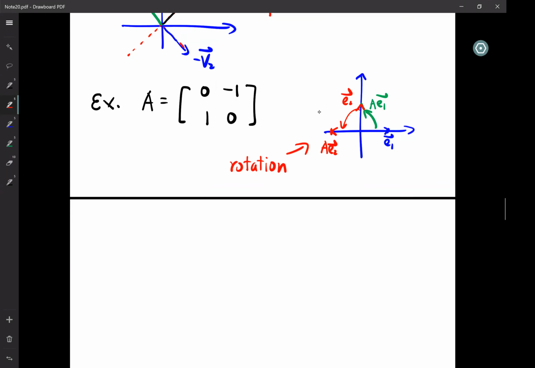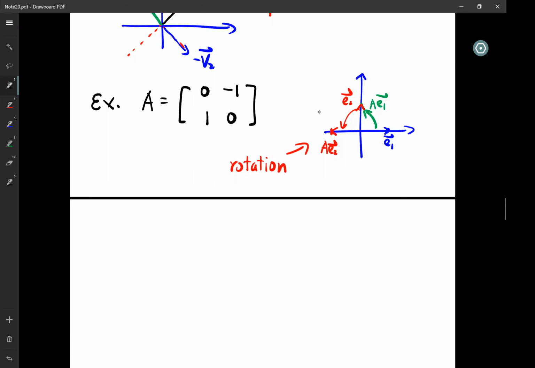But if I rotate every vector by 90 degrees, then it's impossible to find a vector that, after applying A, doesn't change direction, right? By definition it changes the direction. Nonetheless, let us just apply the same machinery and see what we actually find.